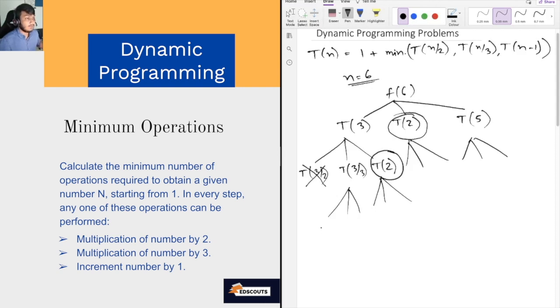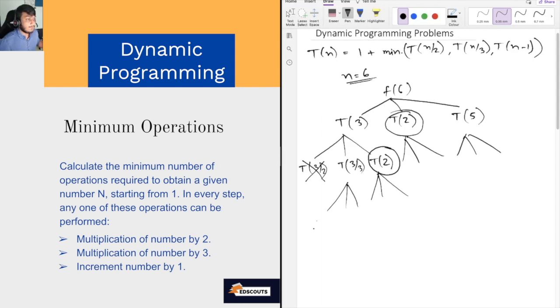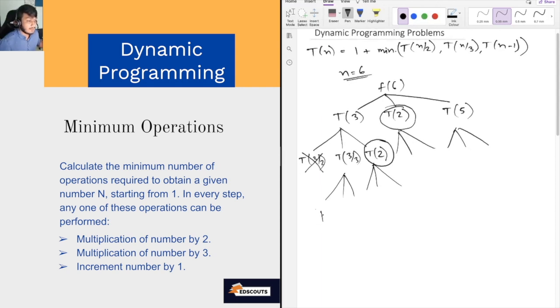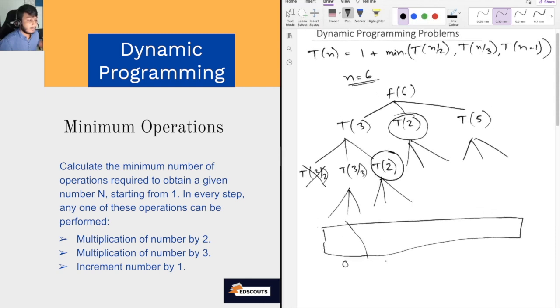So let's try to visualize it now. For n is equal to 6 only, what I will do right now is I will take a DP array with 1, 2, 3, 4, 5, and 6.